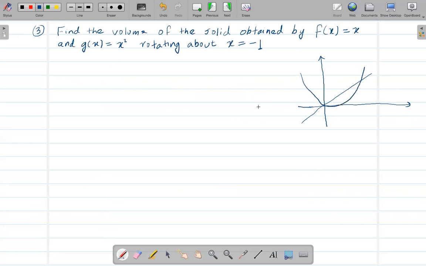Now here we have x, it's going to rotate about x equals -1. Again, it's a similar idea, outer radius and inner radius. So it's rotating about this, right? From this line, the outer, let me do this in a different color.